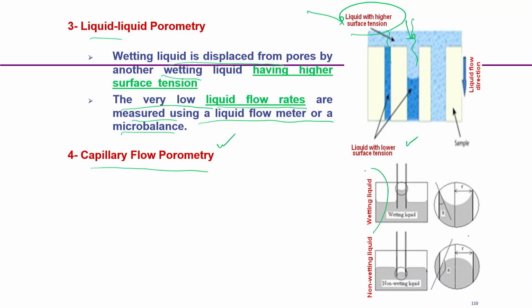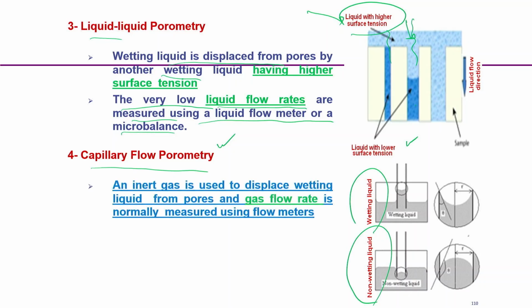A wetting liquid is there and a non-wetting liquid is there, so two types of liquids are involved. An inert gas is used to displace the wetting liquid from the pores, and the gas flow rate is measured using the flow meter. So, here a wetting liquid is there and an inert gas is passed through it.